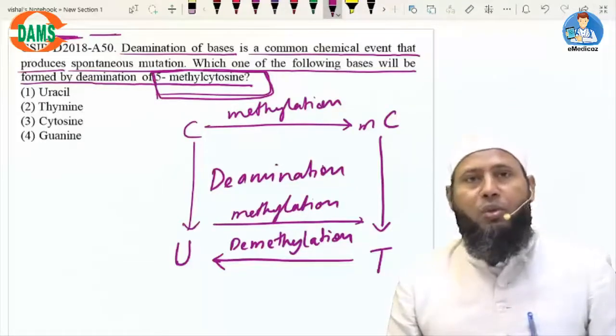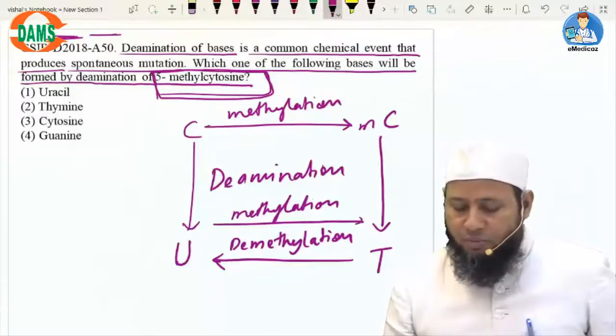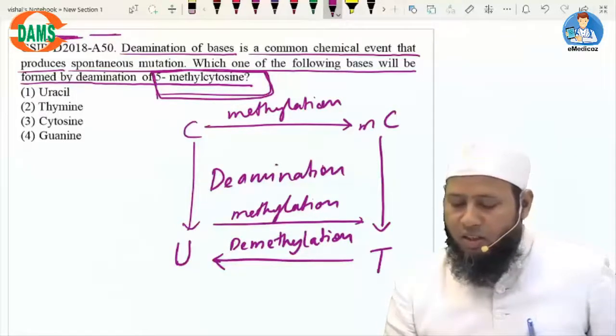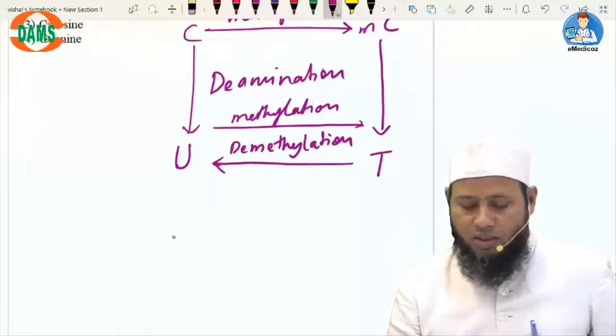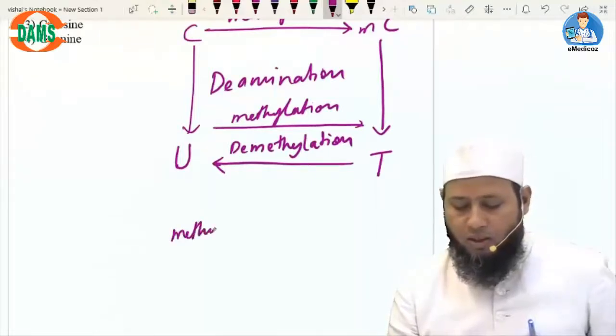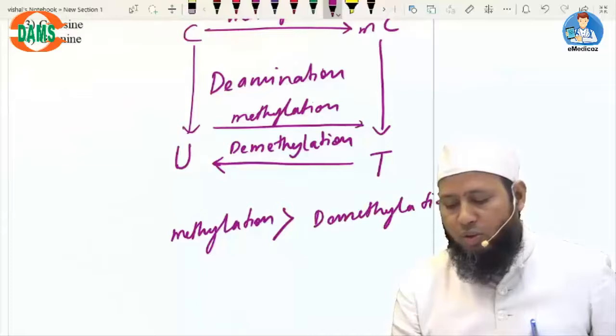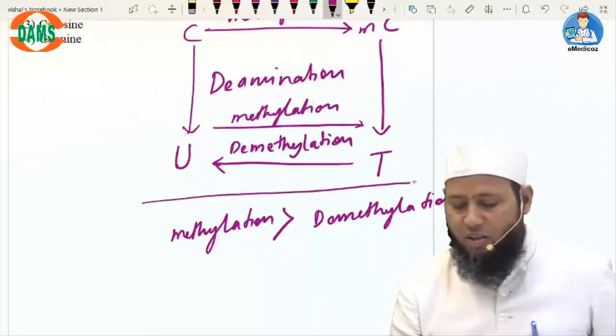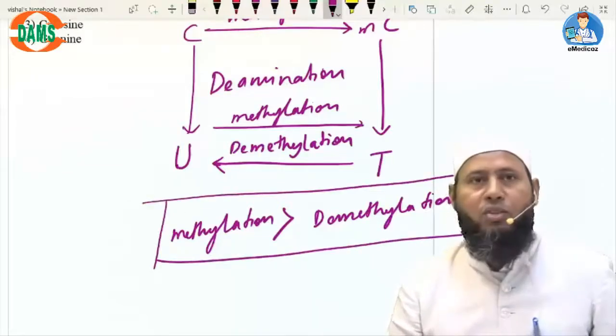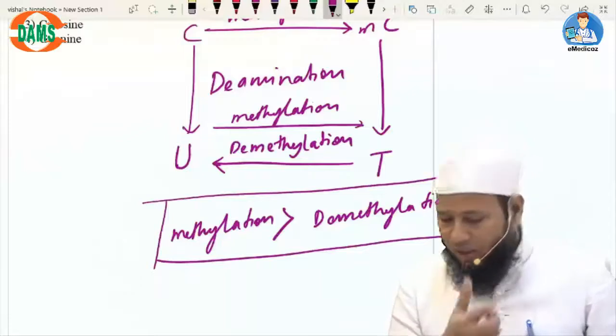And if you remember, in a cellular system the methylation is greater than demethylation. Both these processes happen in the cells, but the most frequent process is methylation rather than demethylation.